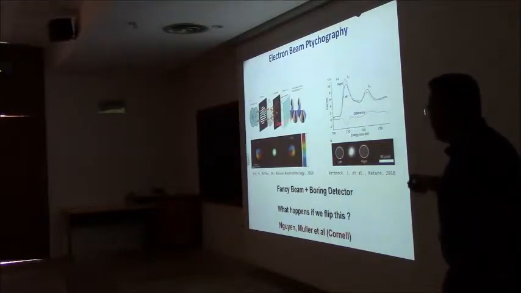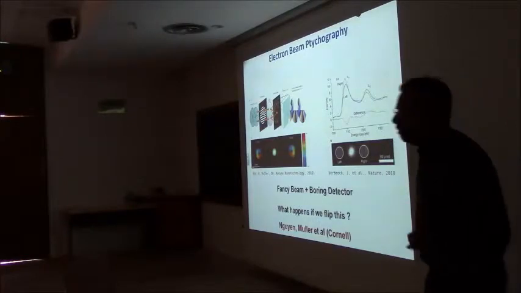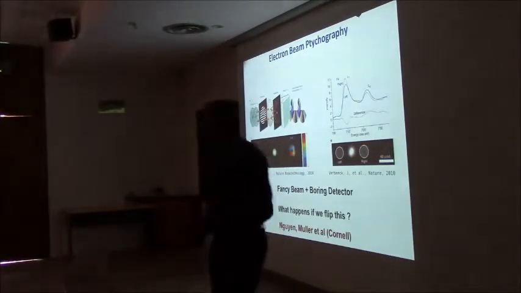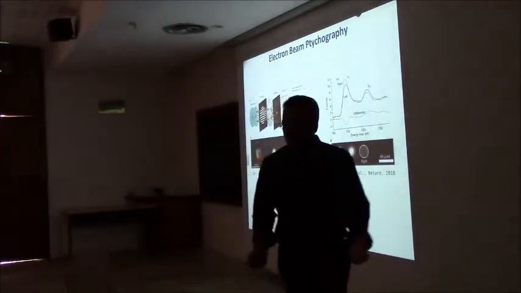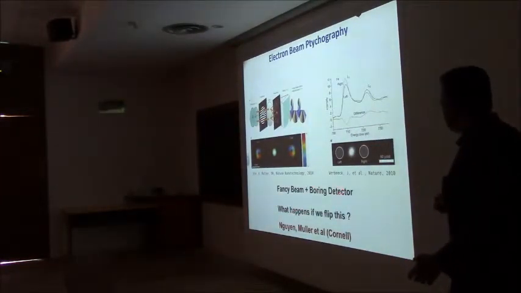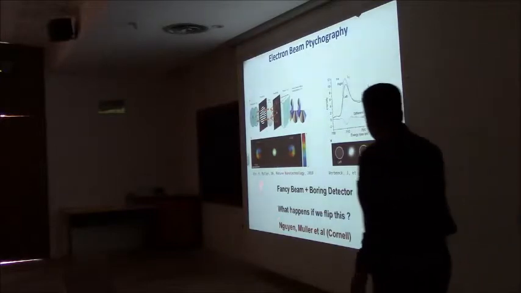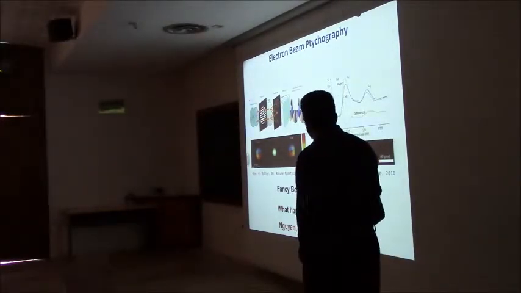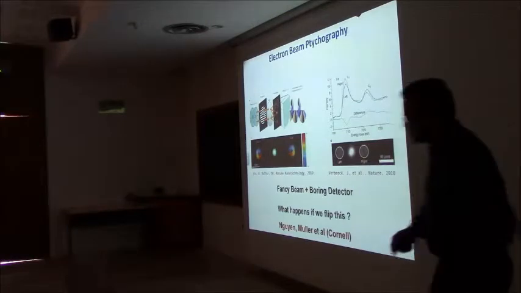So we said, okay, people use all of these fancy things to create a helical beam. We already have a helical sample. Why can't I look at the helical sample and use a boring beam and a boring detector? What if we flip it and get a very boring beam, but the sample itself has all the fancy stuff?